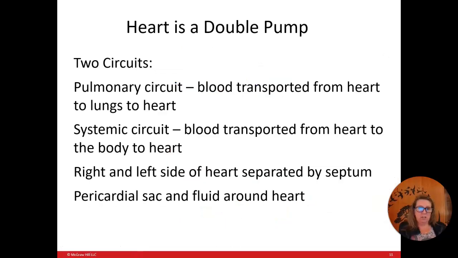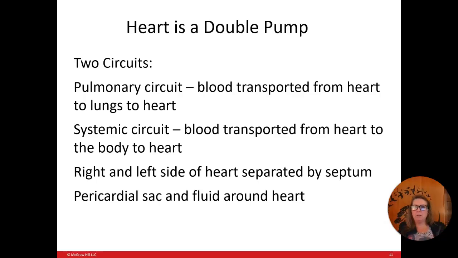So let's move along. Remember how I said the heart is a double pump? While we have blood filling chambers, we also have blood pumping out to the lungs. So essentially, we can describe this double pump as moving blood along two circuits. One of those circuits is literally from the heart to the lungs and back.